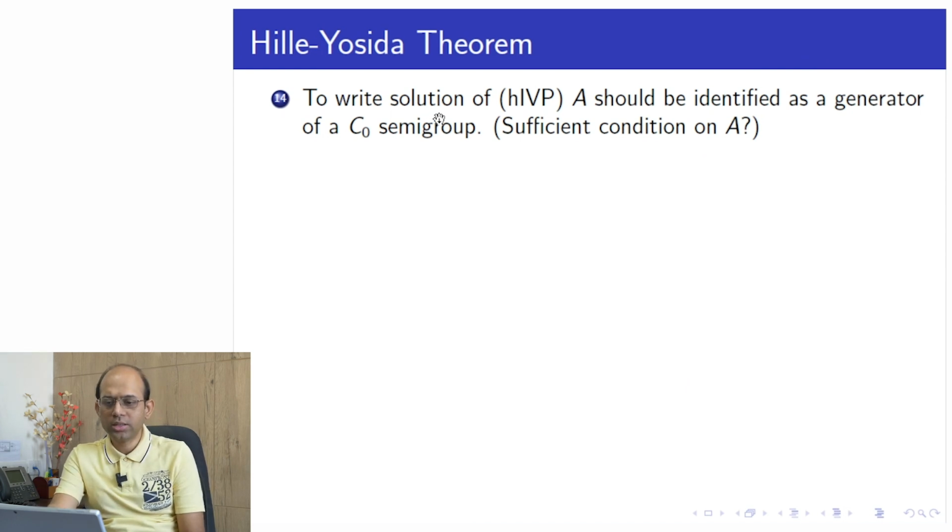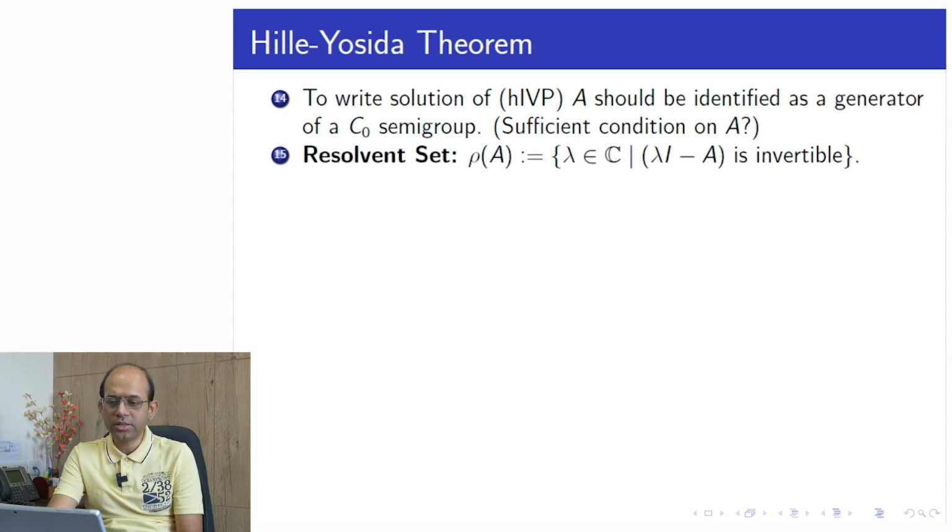To write the solution of the homogeneous initial value problem, A should be identified as a generator of a C0 semigroup. For that we need some condition on A, because every operator A might not generate a C0 semigroup. So we look for a set of sufficient conditions.